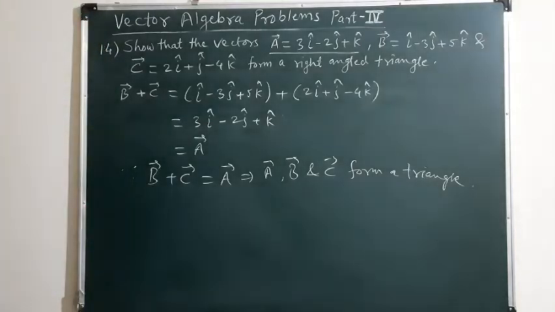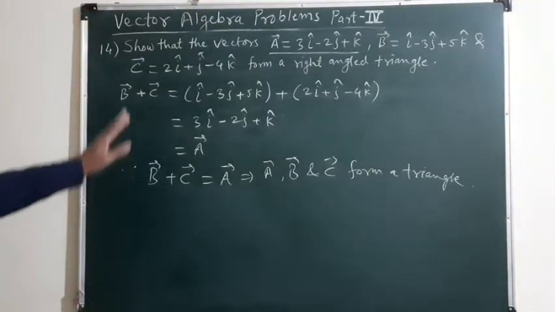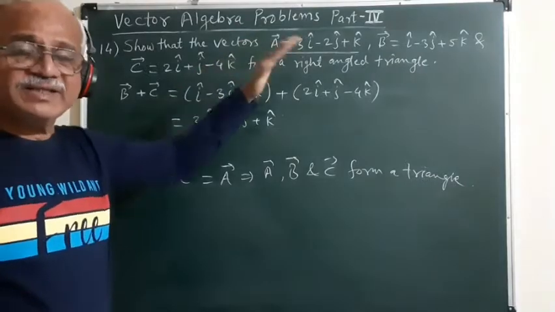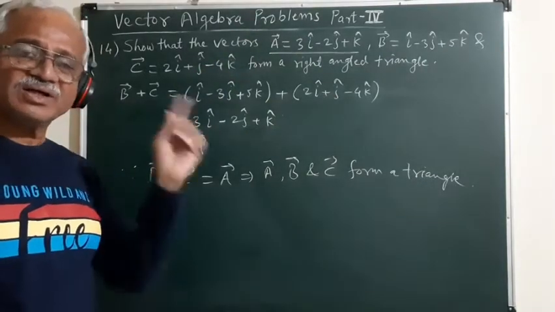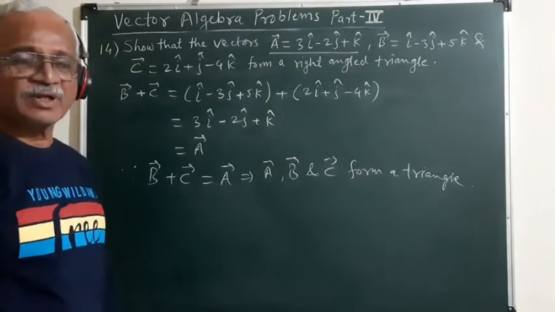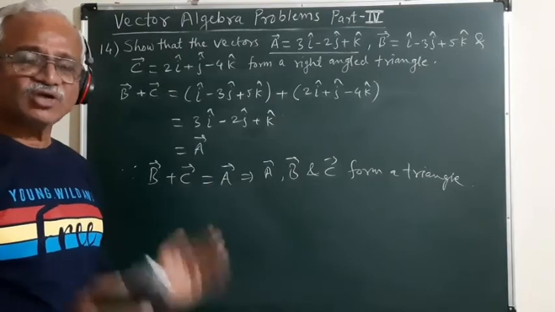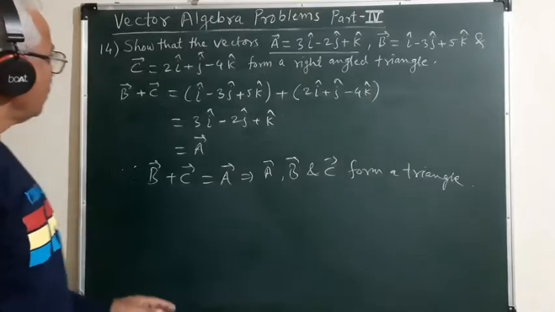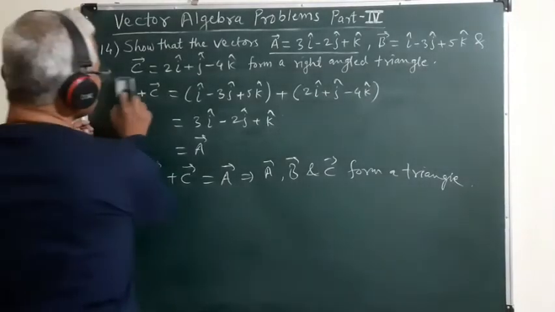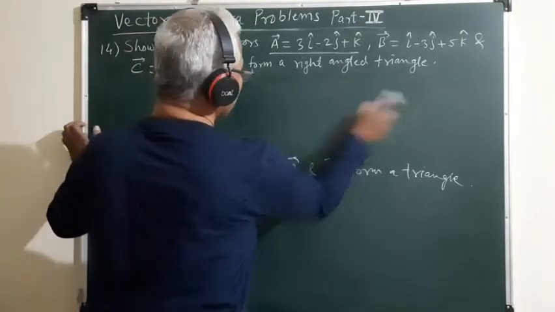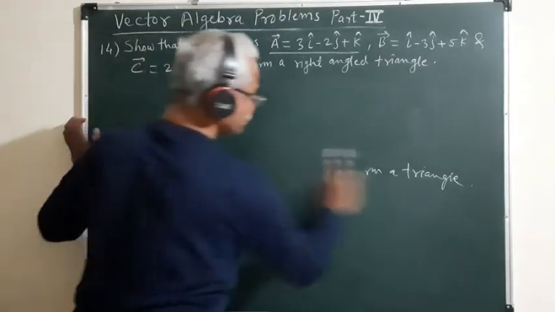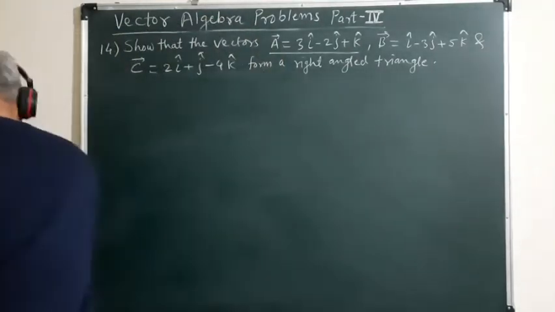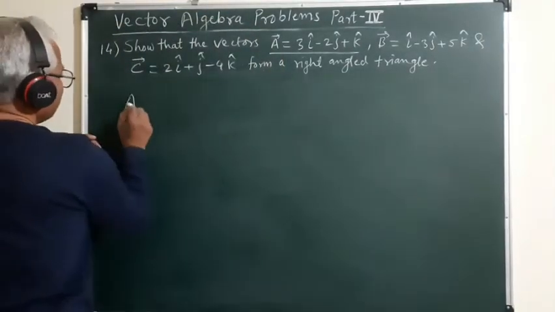Now, to show that the triangle formed by these three vectors is a right angle triangle, we have to evaluate the dot products of the two vectors. So let us first evaluate the dot product of a bar and b bar.